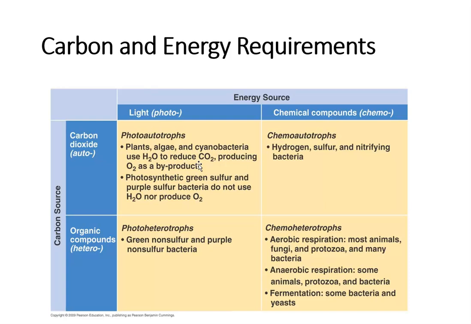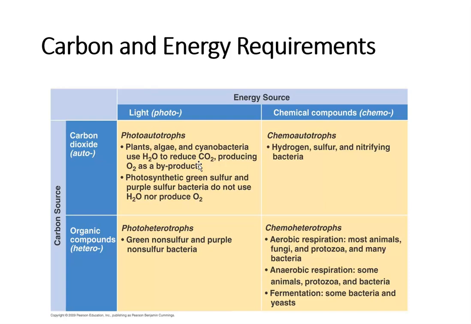Then we get down to those organisms that use organic compounds. Again, first of all, you can have the photoheterotrophs, which means they do photosynthesize. But the big group, the main group that we're going to be working with, is chemoheterotrophs.